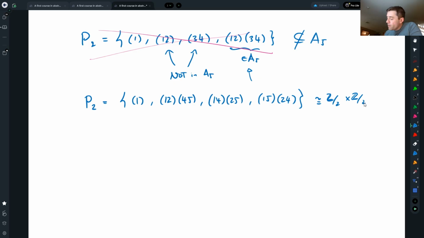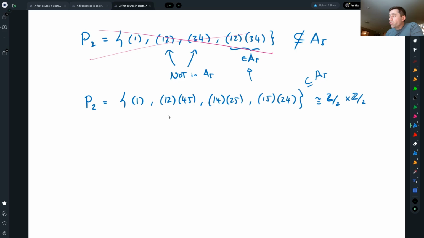And you can check that this is a subgroup and it's in A5. Every Sylow 2-subgroup of A5 has to be of this form. All the elements have to be of order 2 of this form, and it turns out that they are all of this type. How many are there of this type?